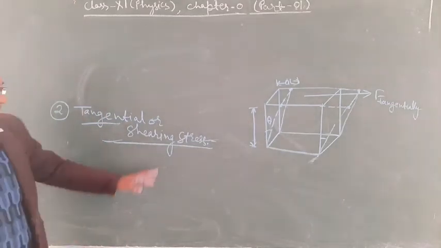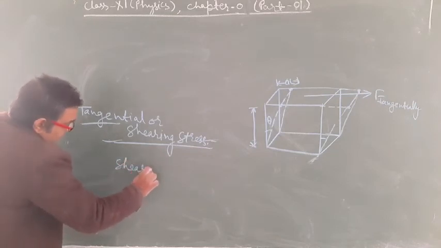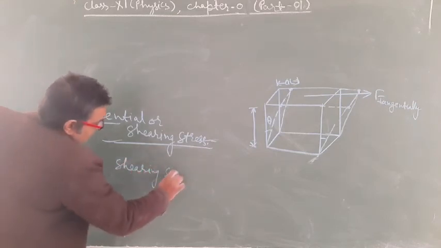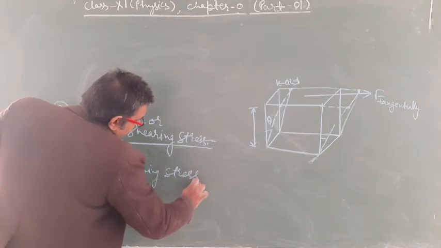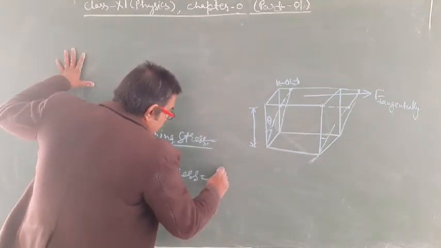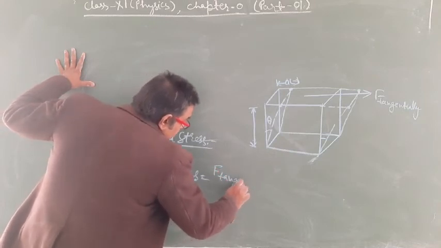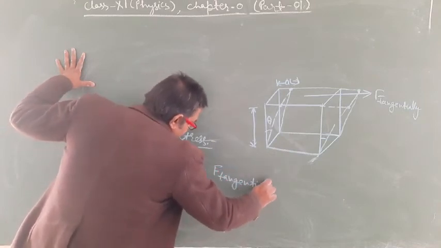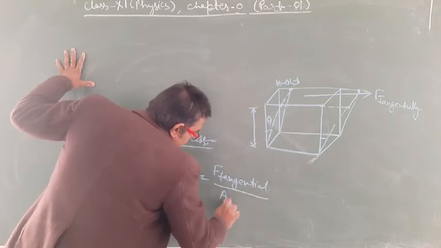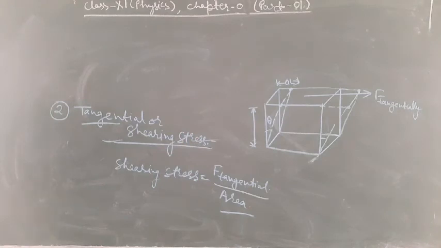So the shearing stress is given by F tangential upon area. That is, shearing stress is equal to F tangential upon area.